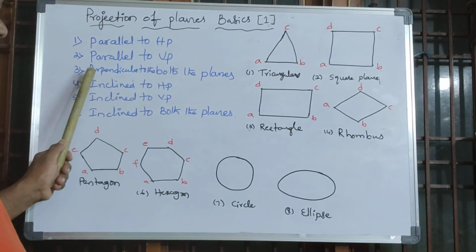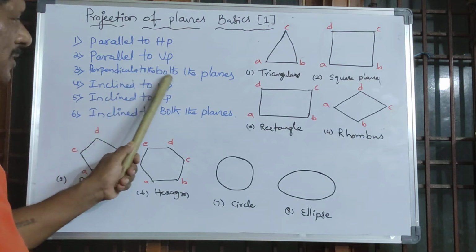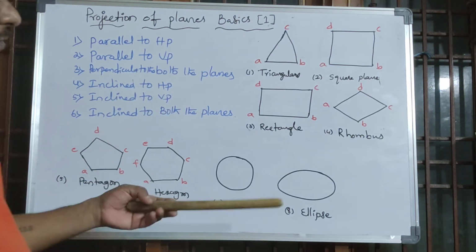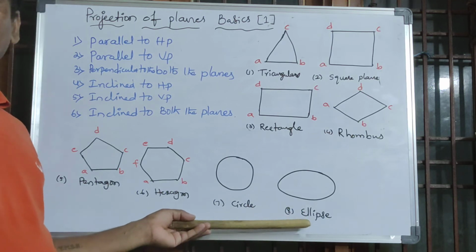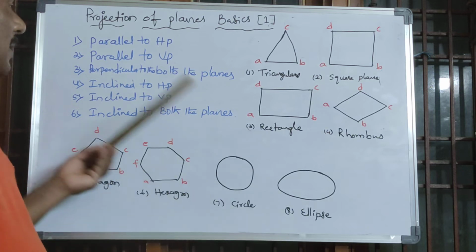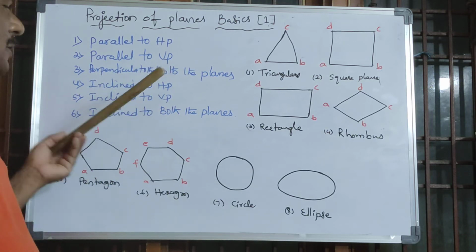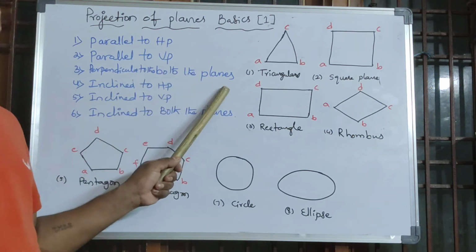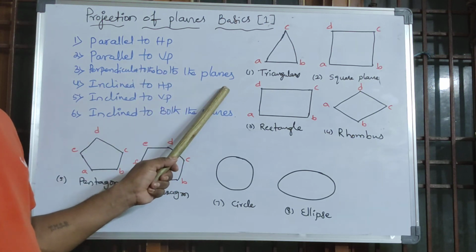And here the condition is the plane is perpendicular to both HP and VP. In lines, it is possible for the line to be parallel to both the planes, but in planes that is not possible. Only perpendicular to both the planes is possible. That is the difference between lines and planes.